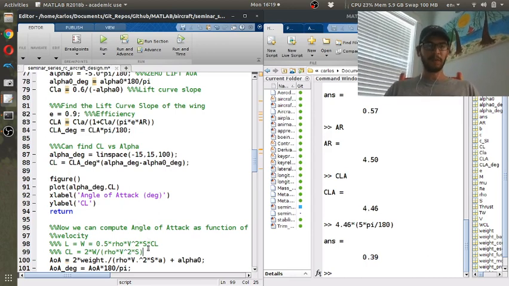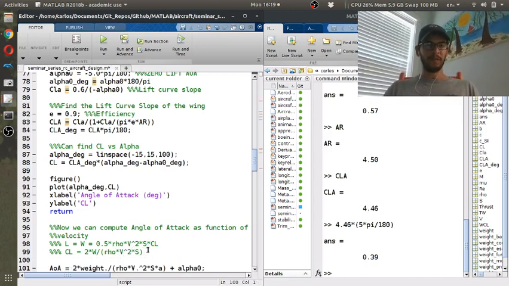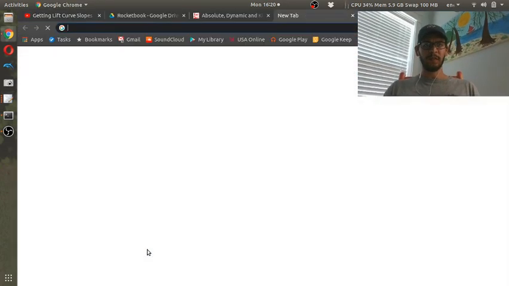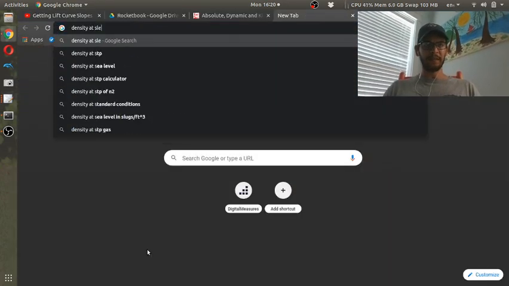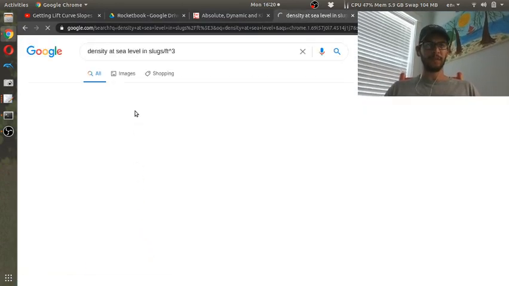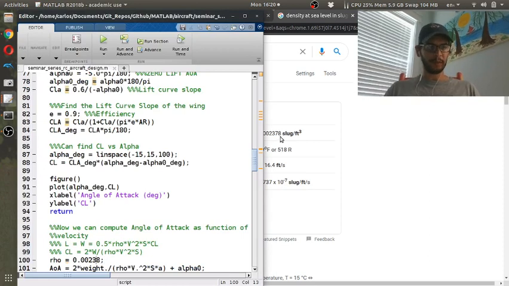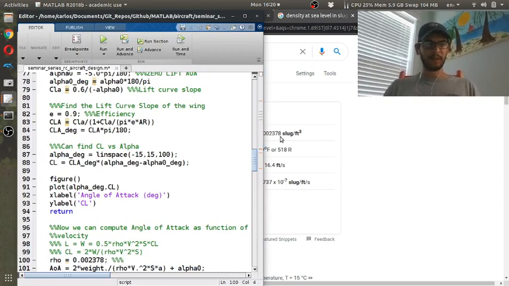Now we have to be careful with our units here, right? So rho, I'm going to do 0.238. Oh, I think it's 0.0238. Let's do density at sea level in slugs per foot cubed. It is 0.002378. I was close. So this is rho.